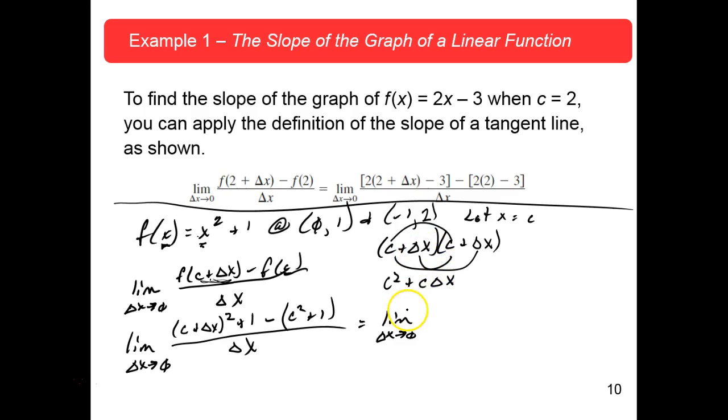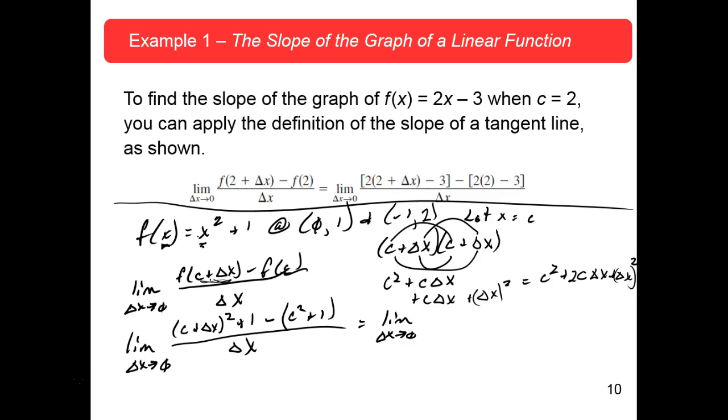Inner is plus c delta x. And last is plus delta x squared. And when you add these together, you get c squared plus 2c delta x plus delta x squared.